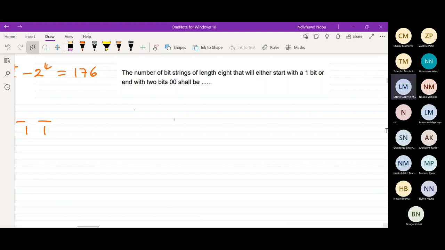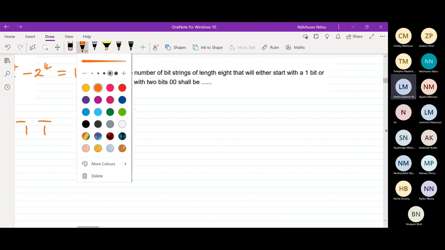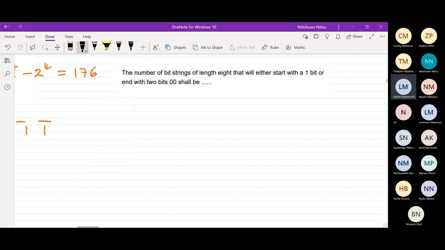Okay, we will have 2 exponent 7 plus 2 exponent 6. I agree. Minus nothing, because are we including both of them?